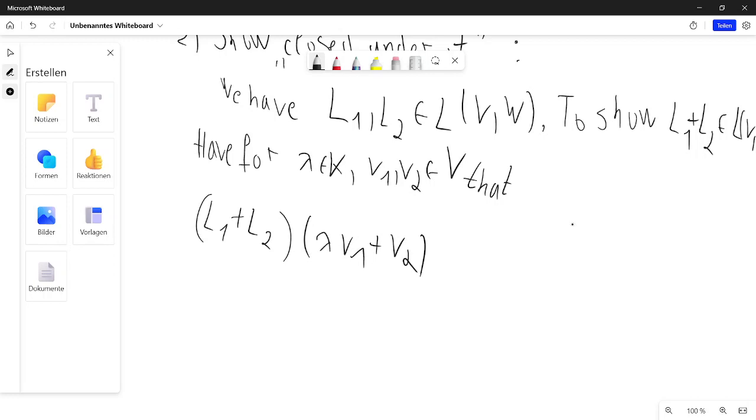That's by the way the shortcut to show linearity of some map A.